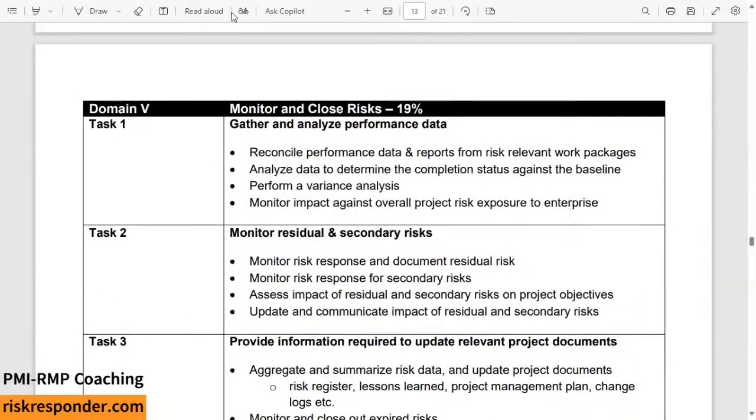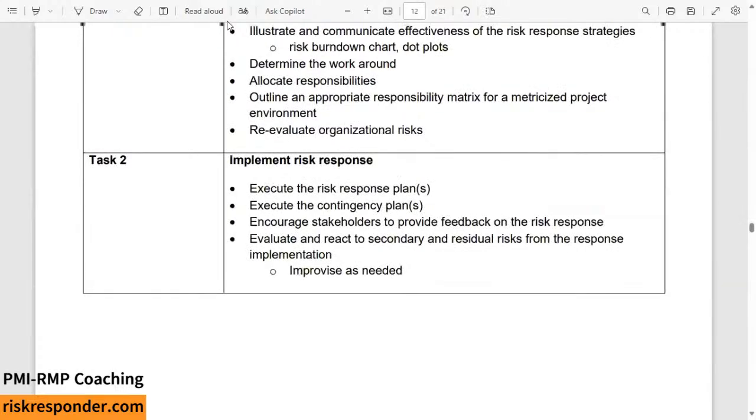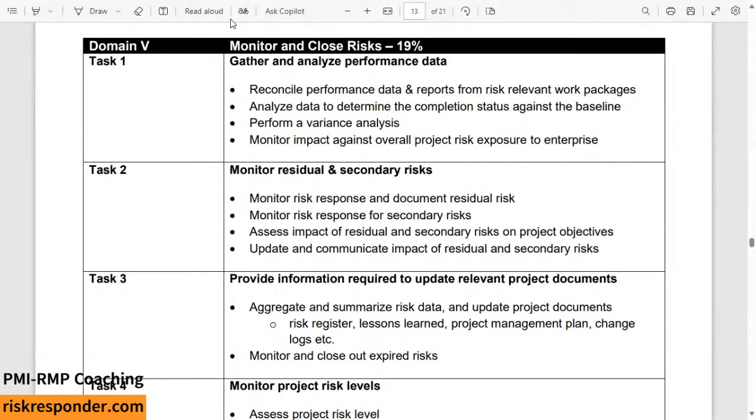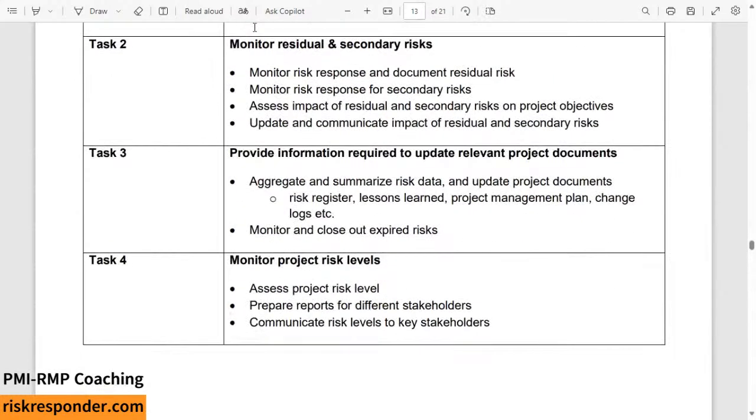All right, so this one, monitor and close risks, I think that takes us out. Monitor and close risk is, first of all, gathering and analyzing performance data. Second, monitoring residual and secondary risks: risks that may still remain once you've taken action, or, hopefully not, offshoot actions that have emerged because you took action and then something else happens.